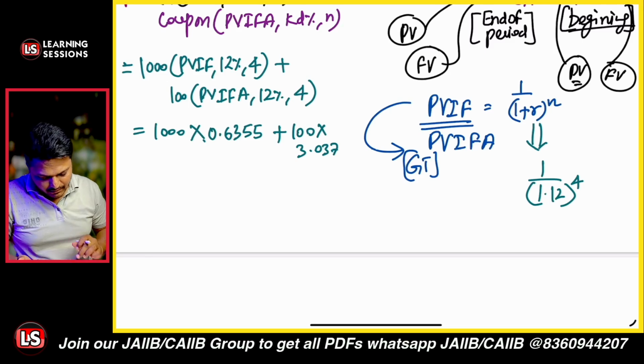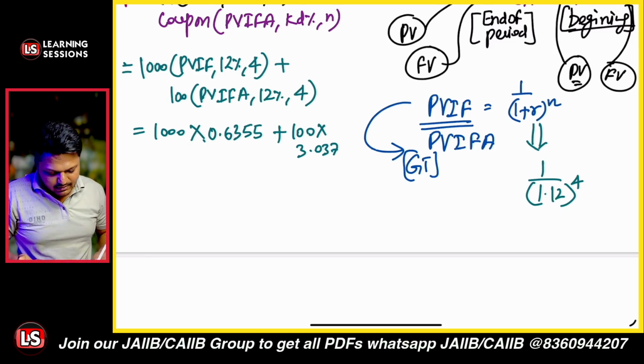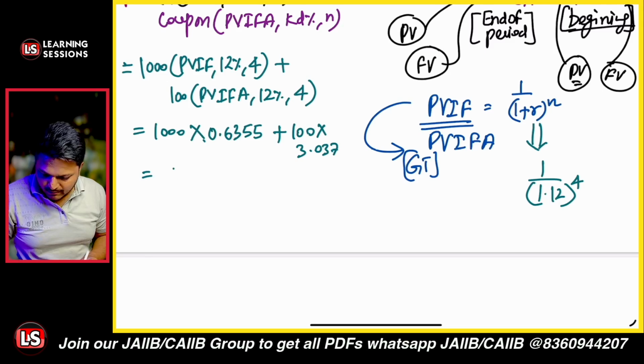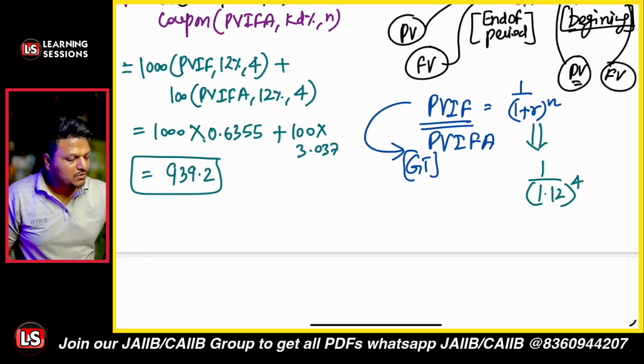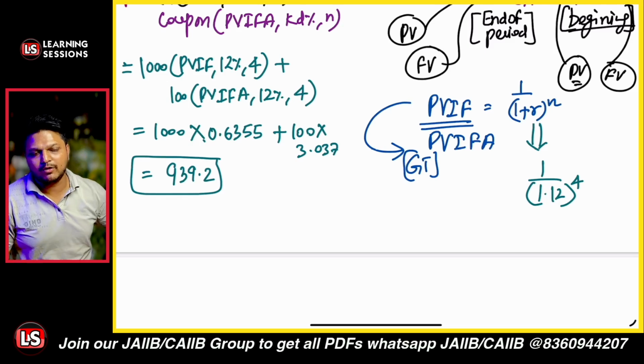Multiplied by 100, plus 635.5, the answer is 939.2. So this is the present value of the bond.